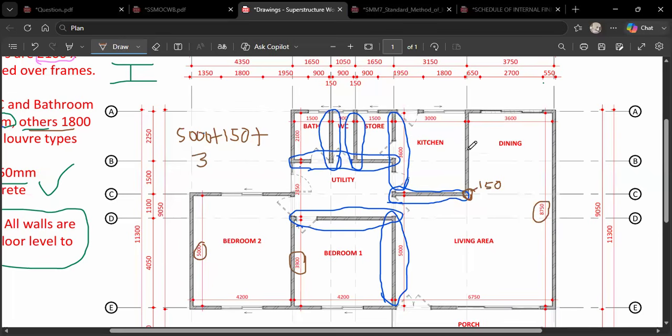From here to here is 3,600. So you realize that if you add all these, 5,000 plus 150 plus 3,600, you're going to get 8750. So now I can circle this one and include it for you to see. That is why I'm writing the 8750.